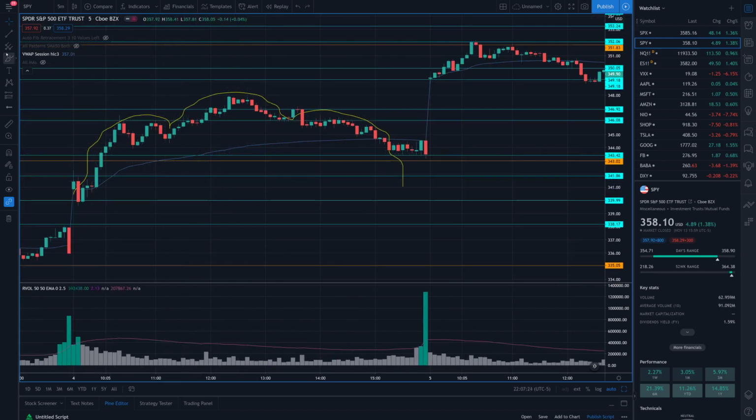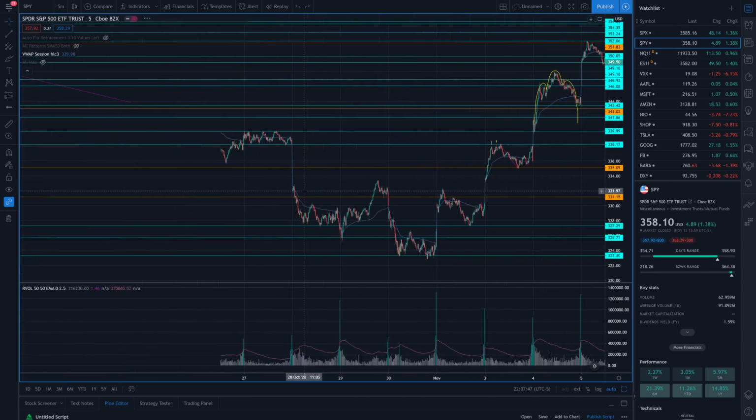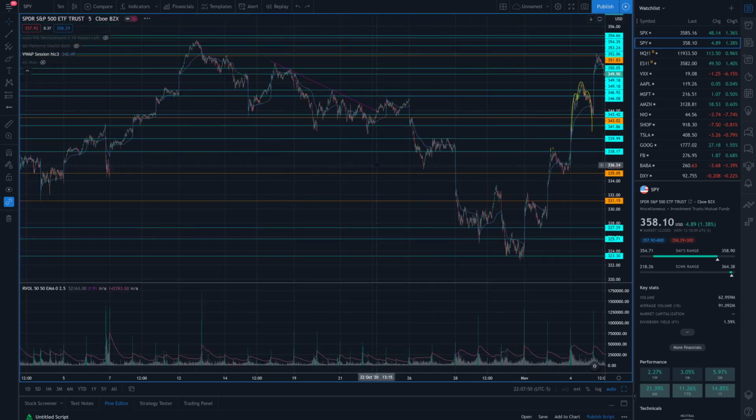Let me get rid of these lines. It went up, it retraced a little bit, it hit a high. It fell and it tried to recover, but it couldn't because it didn't have any strength. It fell even further throughout the day. So that's a bearish type of pattern you can look out for. And again, these happen all the time. You can find them all the time.